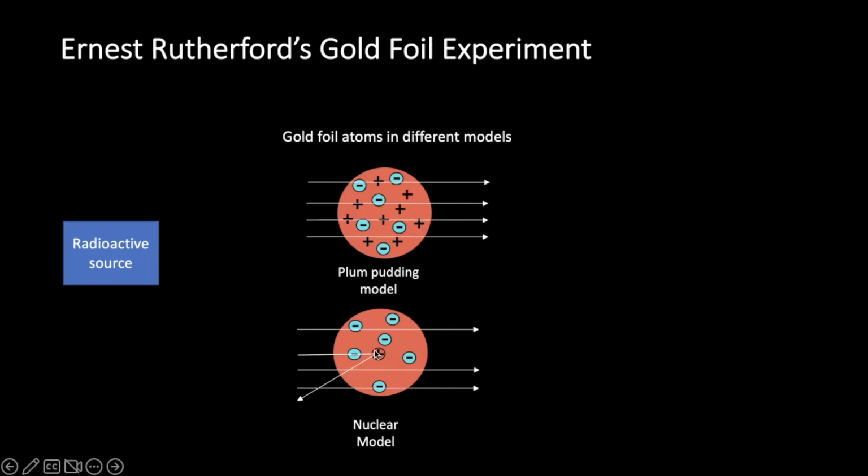Since some of the radioactive rays reflected back, there must be something in the center, and mostly empty space everywhere else, he thought. Therefore, he thought the center had a charged particle, and that was the nucleus, hence the nuclear model. And the rest has electrons as the charge.